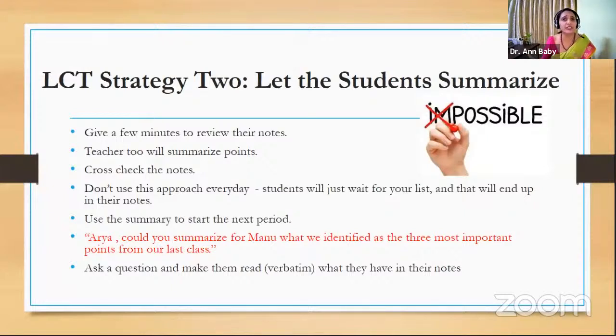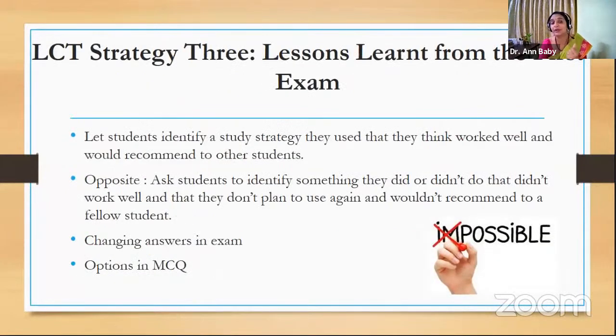Let them summarize in the next class in the beginning. Then you can make them cross-check their notes. Is it what they understood in the previous class? Or you could make them check, and then their answers would be wrong. You can find out where they went wrong and why they went wrong. That is another strategy, making students summarize.